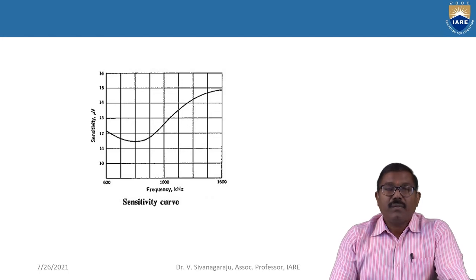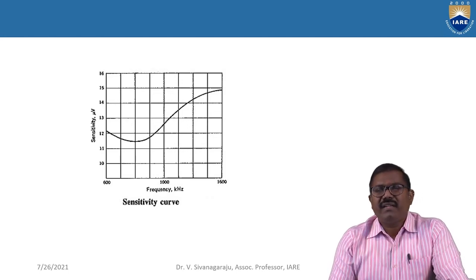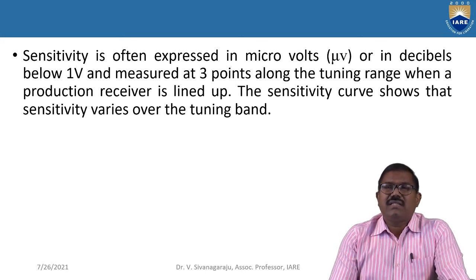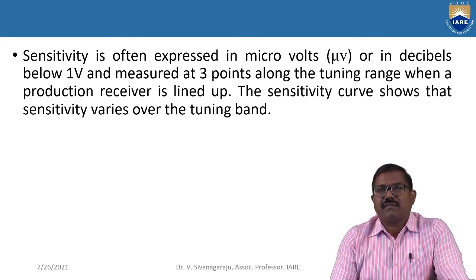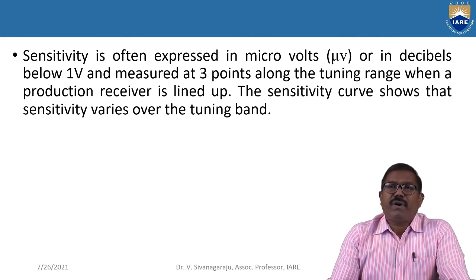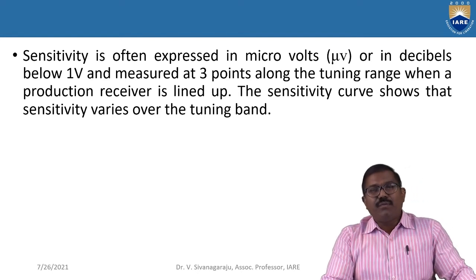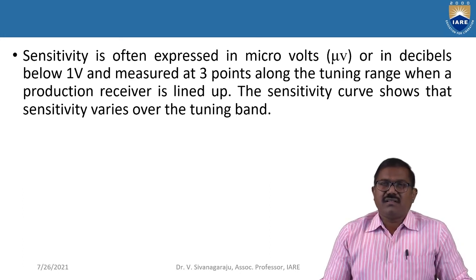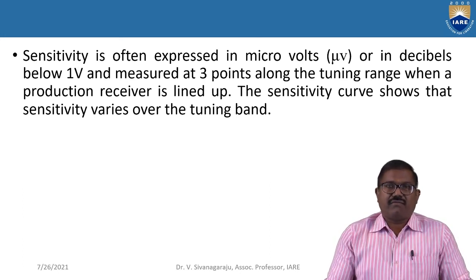Why? Because if any receiver has a tuning range, in that tuning range the signal is detected. So in that particular frequency band, this receiver has the ability to amplify weak signals. Okay. So this is sensitivity.